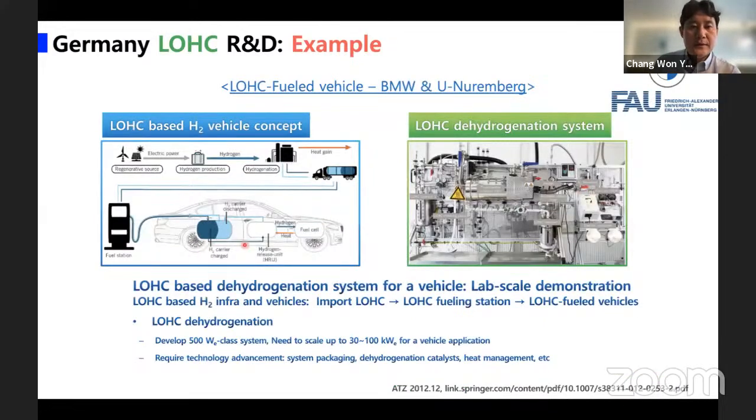And some motor car companies actually develop LOHC-based hydrogen vehicles, because nowadays hydrogen fuel cell vehicles use a 700 bar pressurized gas tank. There are some safety issues here. Because of these safety issues, these companies want to develop new technologies using LOHC.